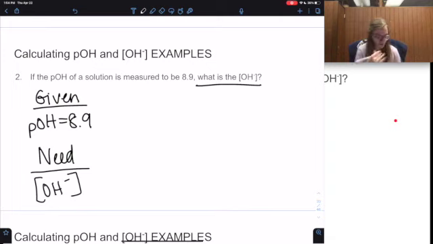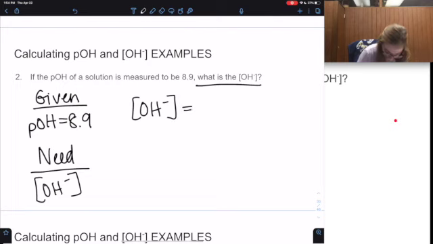So we have an equation that relates that concentration of OH minus to a given pOH value. Again, just like with pH and concentration of H3O+, we could do a bunch of complicated math and use that same equation that we used in problem 1. However, forget it. I already did it for you. Let's go ahead and choose the equation that says OH minus equals 10 to the minus pOH.